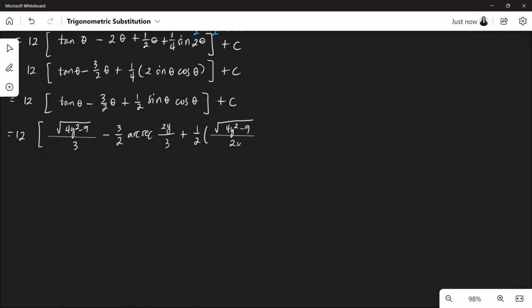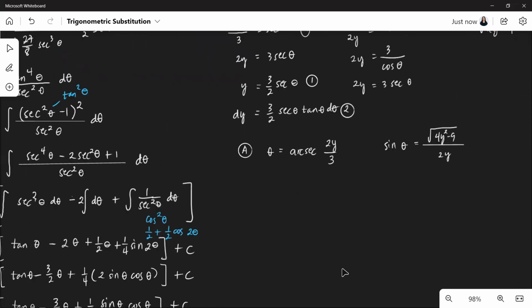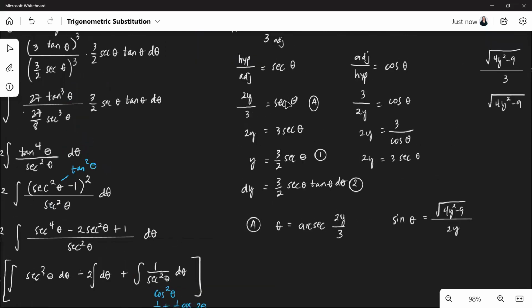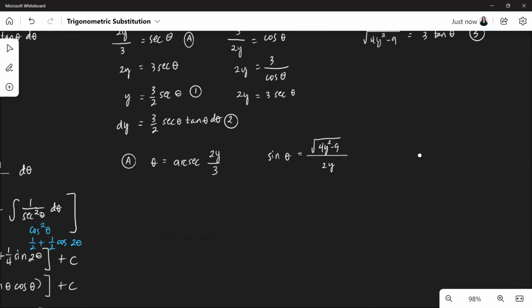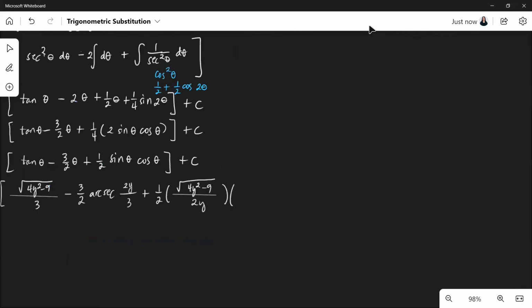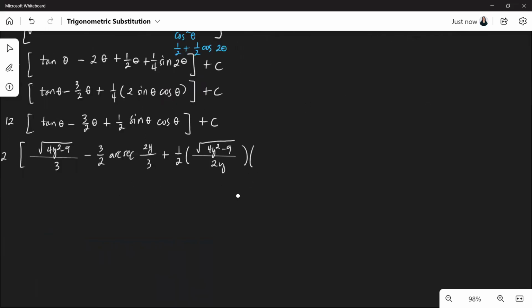All over 2y, while cosine theta is basically the reciprocal of secant. So cosine theta is 3 over 2y, or adjacent side over hypotenuse. So cosine theta is 3 over 2y.